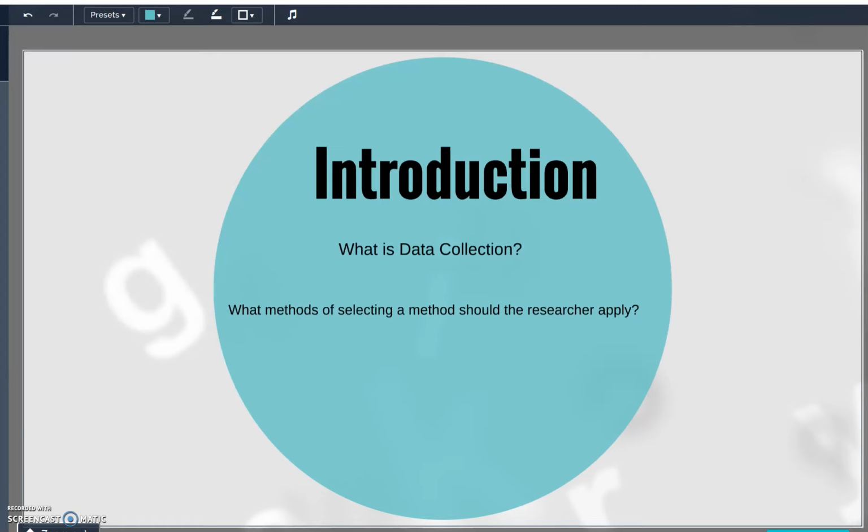So initially you have to first identify a problem and then you have to chalk out or figure out what kind of research design you're going to use for your study. The next question that arises in the mind of the researcher is, what method of selection should the researcher apply? It depends on many aspects.